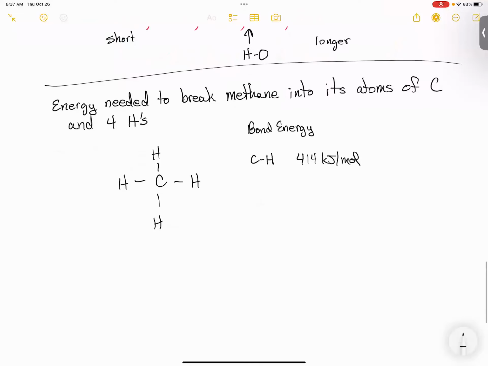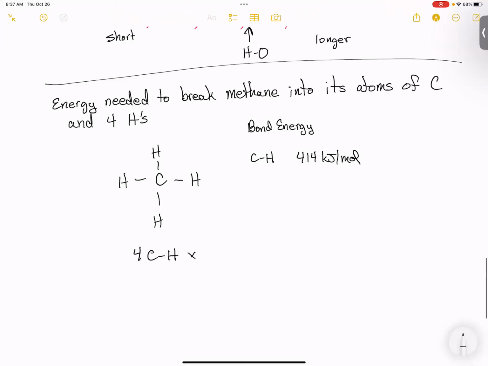This molecule has 4 CH bonds, so it has 4 times 414 kilojoules per mole.